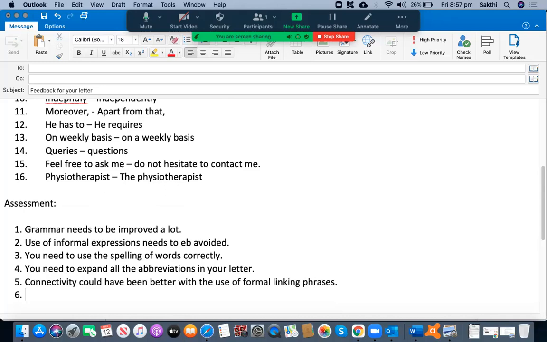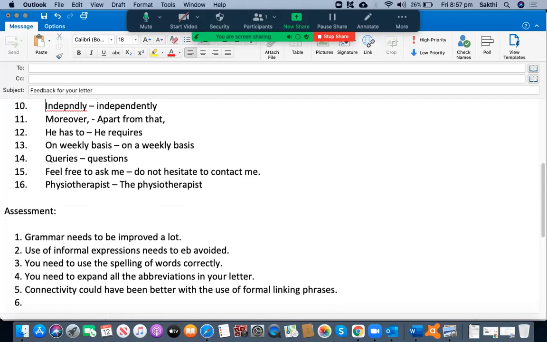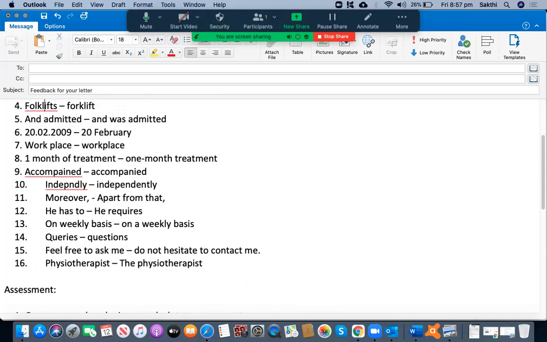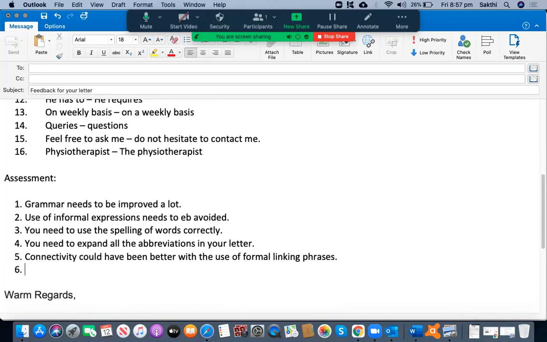Okay. And what else? Yeah, so some of the words look very informal, so that needs to be avoided. And the other thing is the use of nouns, verbs, and punctuation marks could have been better as well.